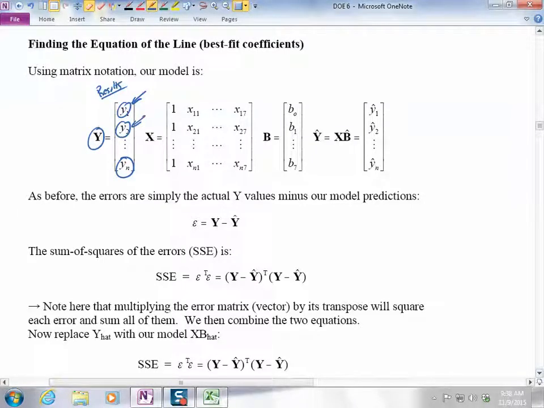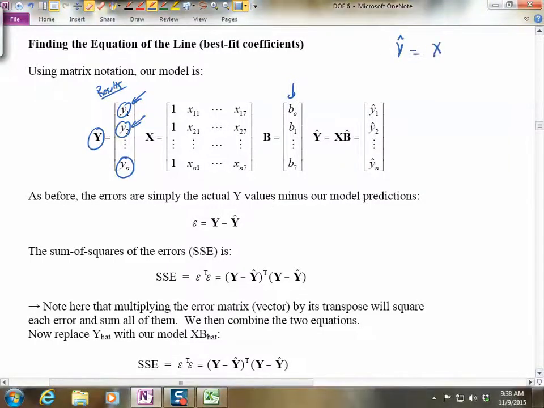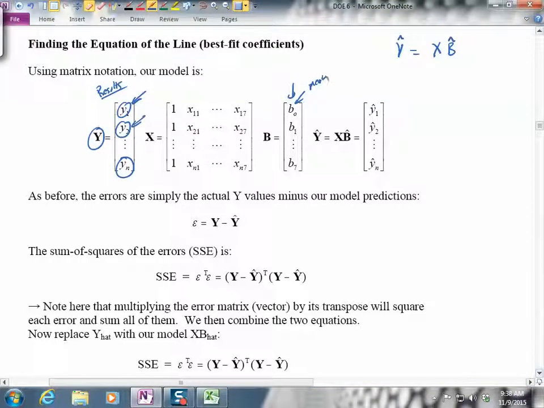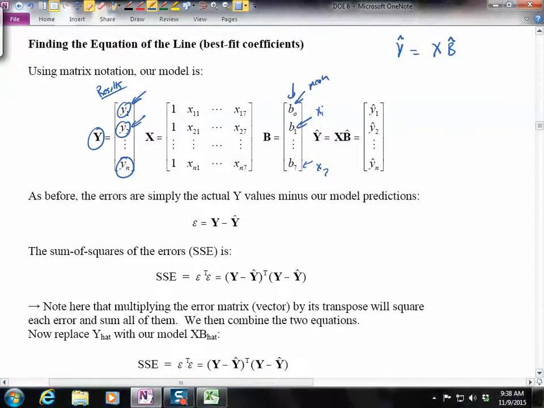Okay. B, those are the coefficients in our model. So that's the mean, or the constant. There's the x1 coefficient. There's the coefficient in front of x7, whatever that is, if n is equal to 7.